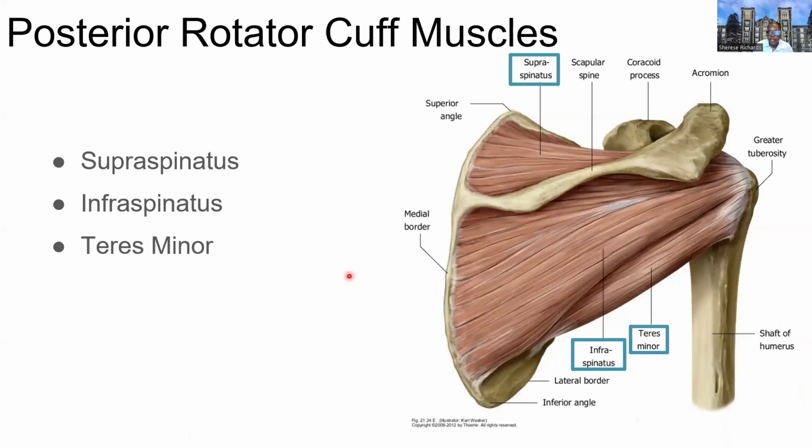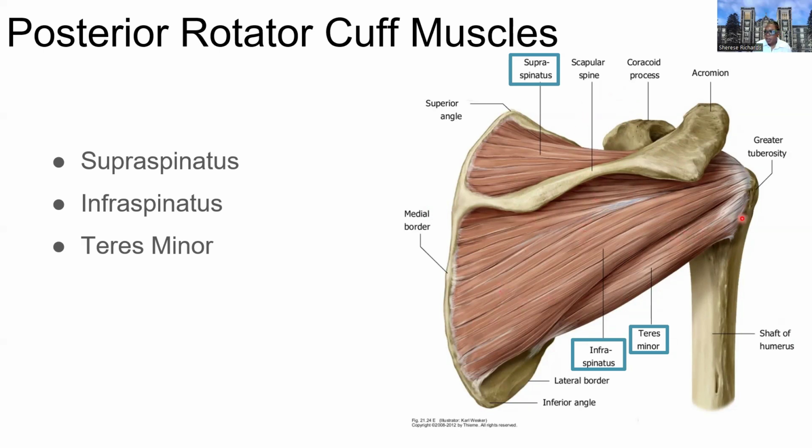If we look more posteriorly, we can get a better view of those muscles, the supraspinatus and the supraspinous fossa, spine of the scapula being the border separating those 2 spaces, infraspinatus and the infraspinous fossa, teres minor just under the edge of infraspinatus, and then subscapularis being in the subscapular fossa, which is more anterior.